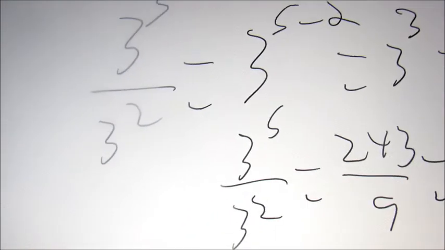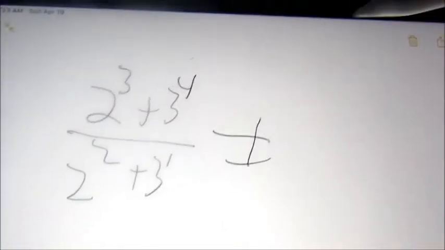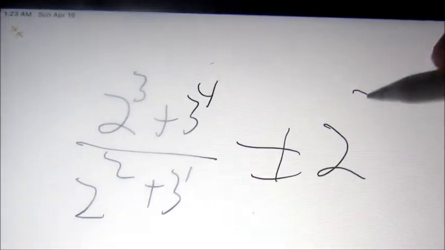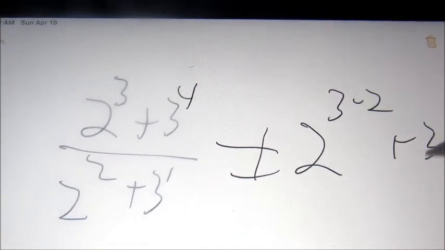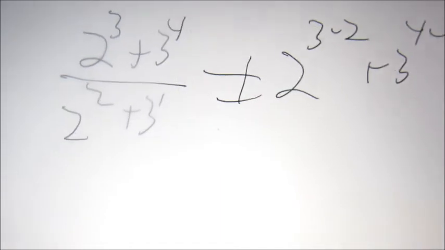Now, one thing here is if we have something like 2 to the 3 plus 3 to the 4 over 2 squared plus 3 to the 1, that does not equal 2 to the 3 minus 2 plus 3 to the 4 minus 1.